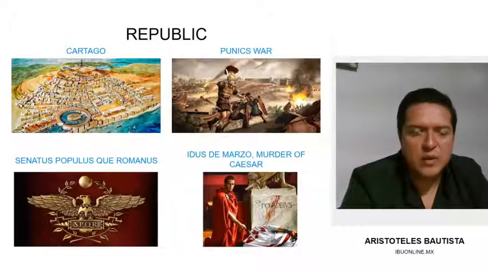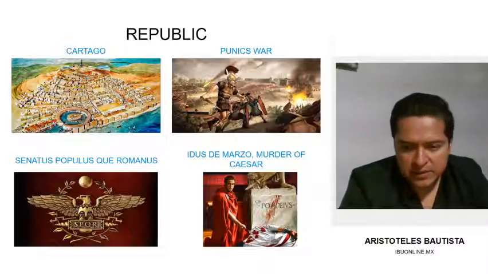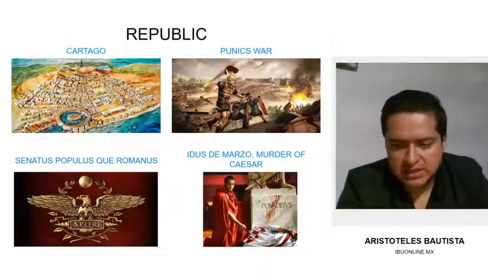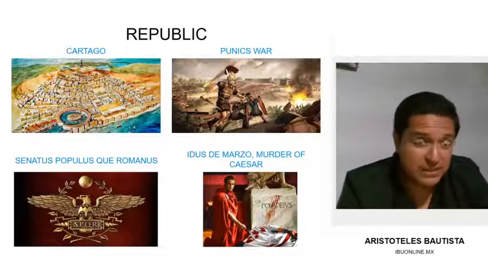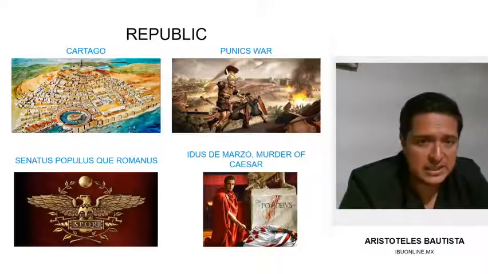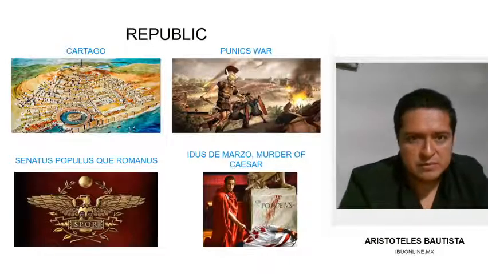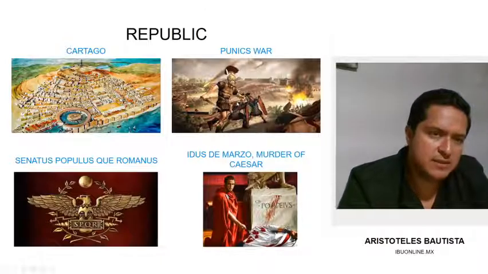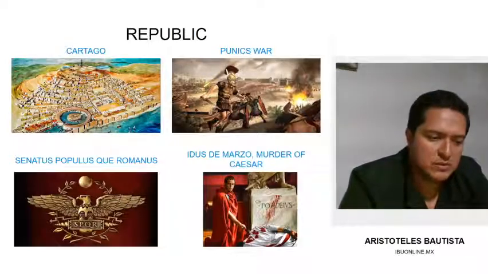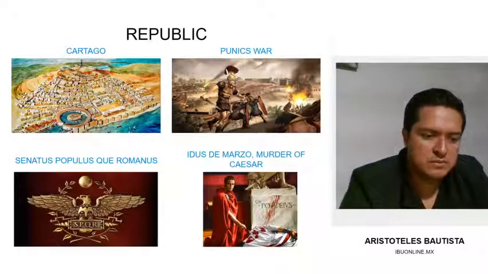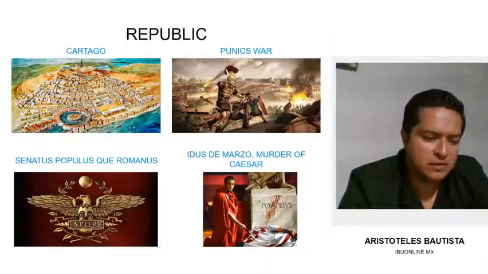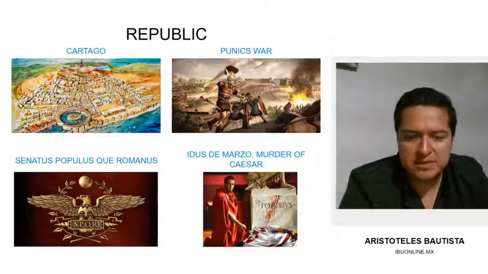When they won places to govern, such as Sicilia, Corsica, Spania, and Illyria, the Punic Wars were an event that let the Roman Empire grow and extend its limits.